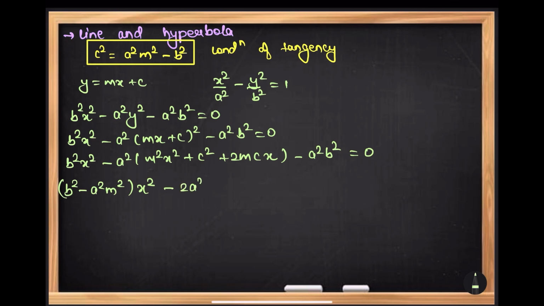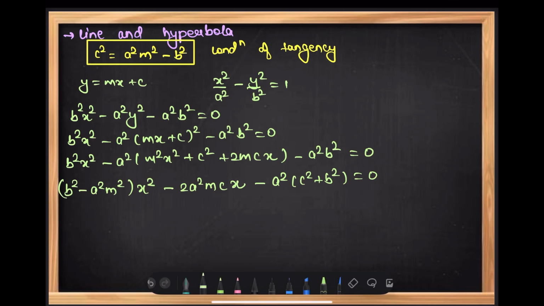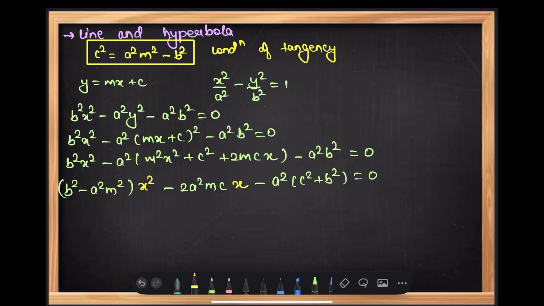So minus 2 a square mcx. Now we will write the constant. So you will have the constant from here and here only, correct? So both ways minus, and also we have a square common. So can I write a square times c square plus b square common? Just tell me.